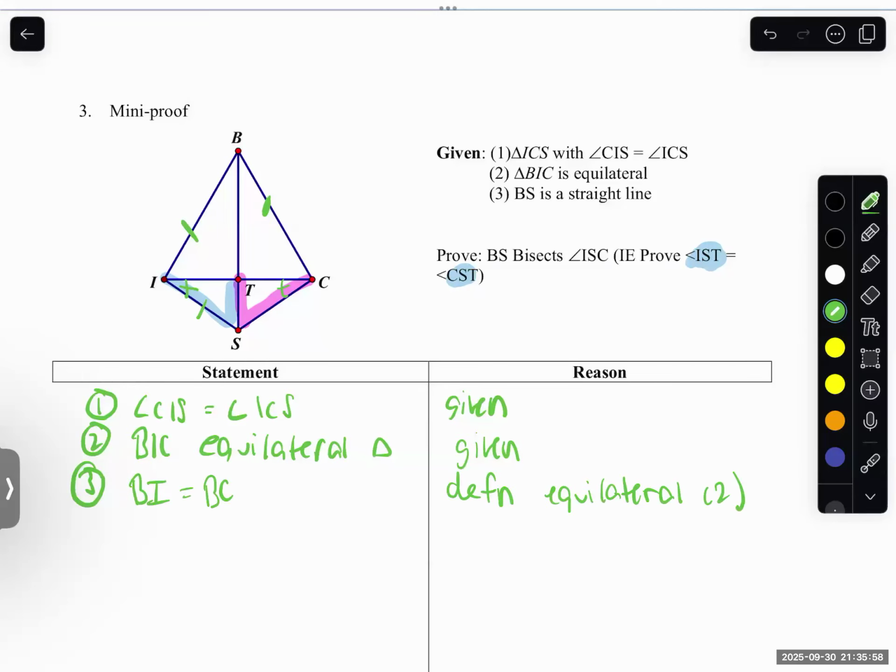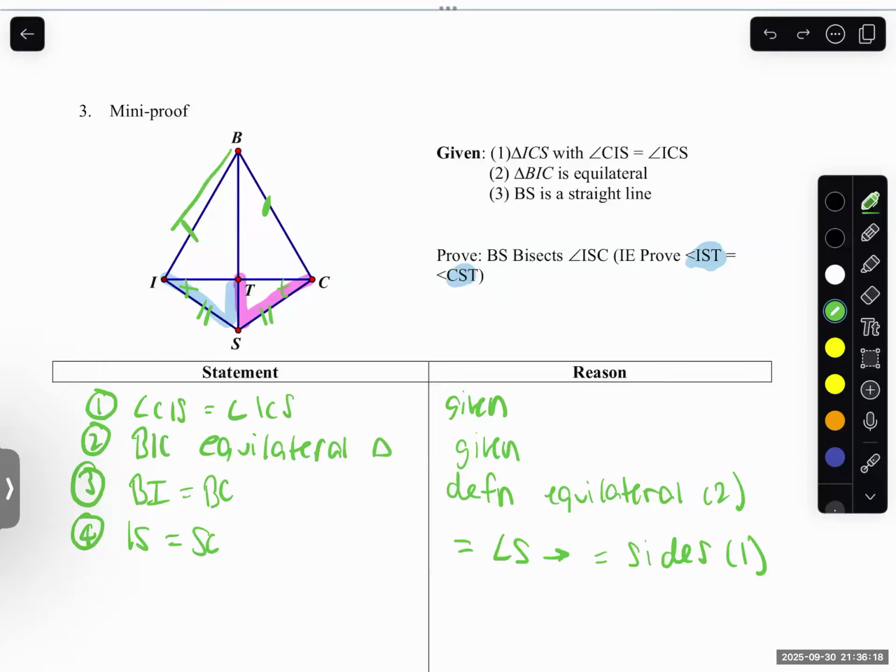Great. And then from there, I can also see that IS is equal to SC because of equal angles, equal sides, and that's by line 1. Great. So now if you notice, I already have two sides of the bigger triangle.